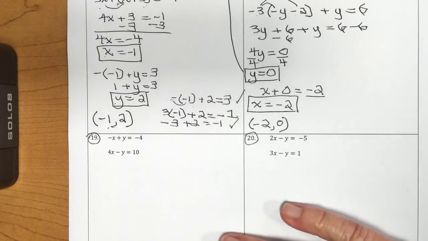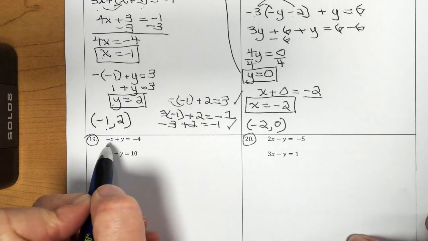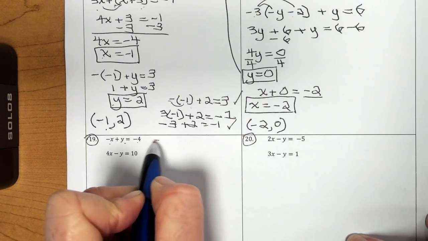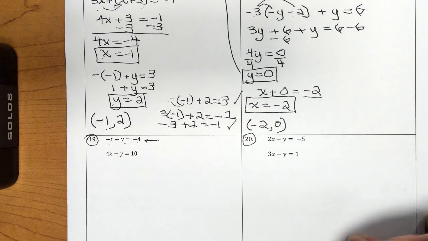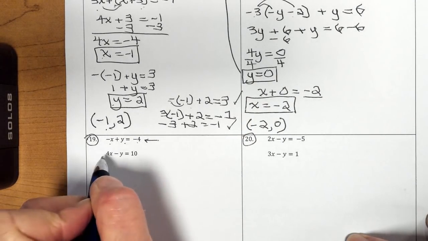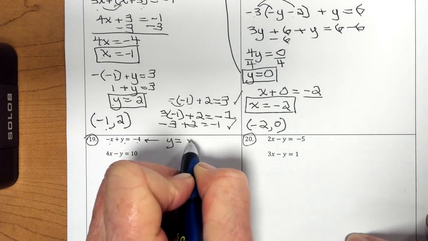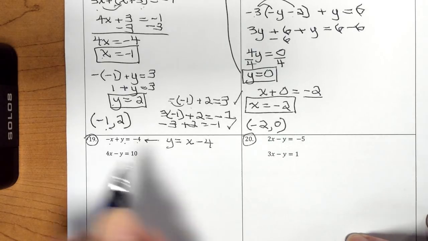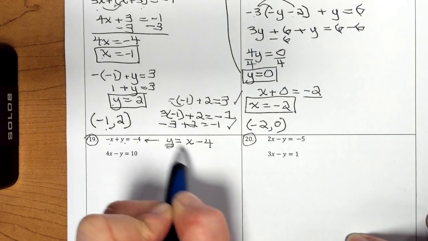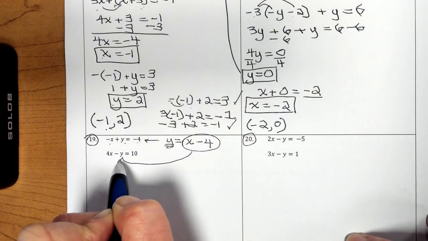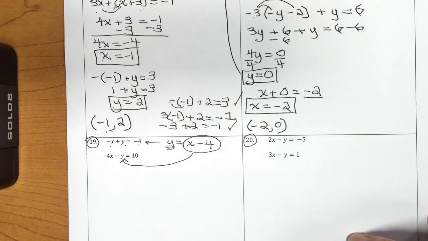So I'm going to notice that I've got negative x plus y is equal to negative 4. So I'm actually going to use this one. And I'm going to add x to both sides, which gives me y is equal to x minus 4. I'm going to take this value of y right here, which is x minus 4, and I'm going to substitute it in right there for y.